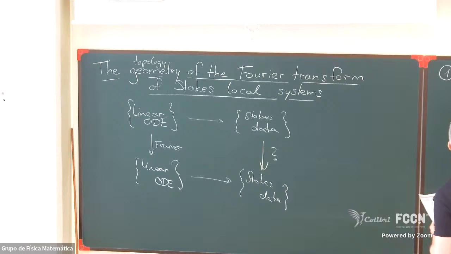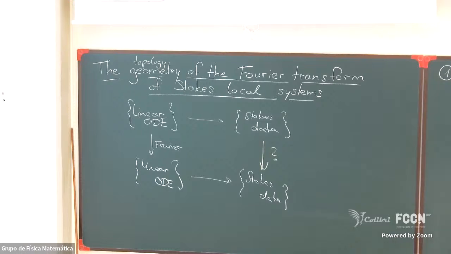So let's start by describing what it means to have topological data for differential equations. I will start with a classical equivalence. I already saw this briefly in a talk yesterday, namely the Riemann-Hilbert correspondence, still without Stokes phenomena.